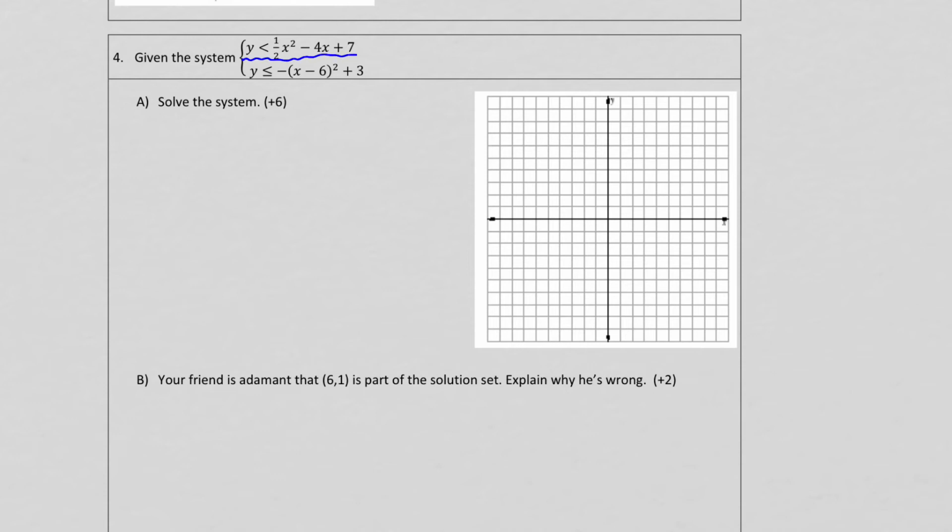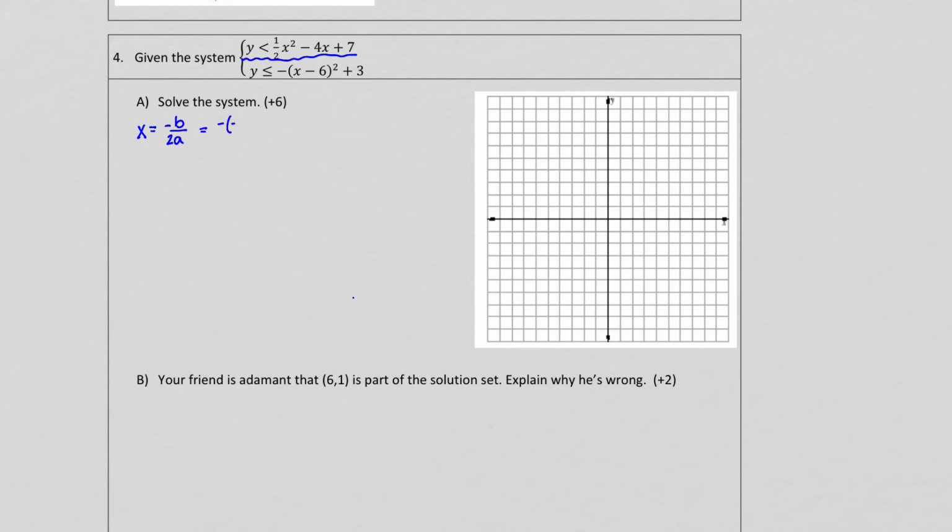I'm doing this one in blue. All right, it is in standard form, so you could have used complete the square to change it to vertex form, or we have to find its vertex. So let's just do it the old school way, the way we learned it first. I want to find the x first, so let's do that.